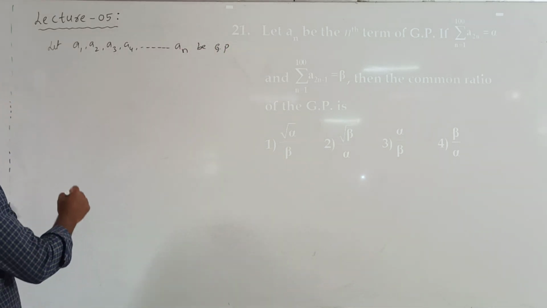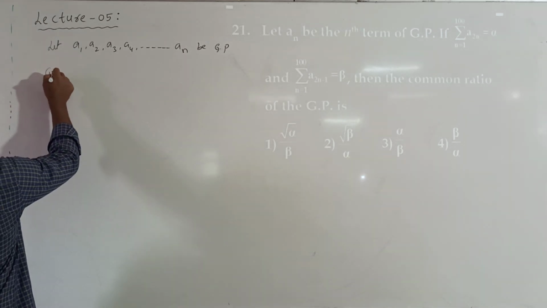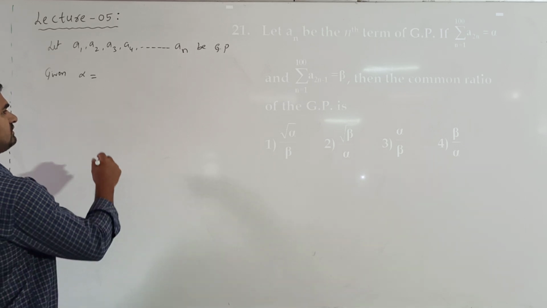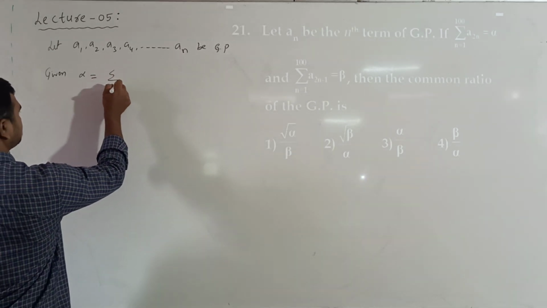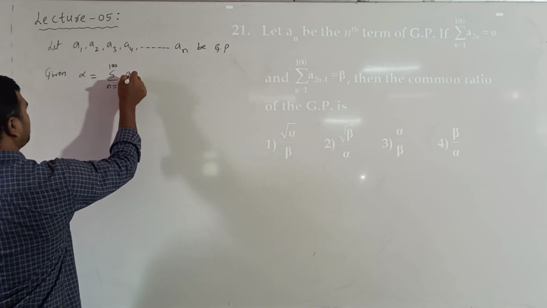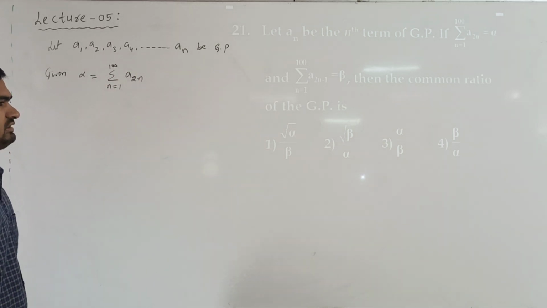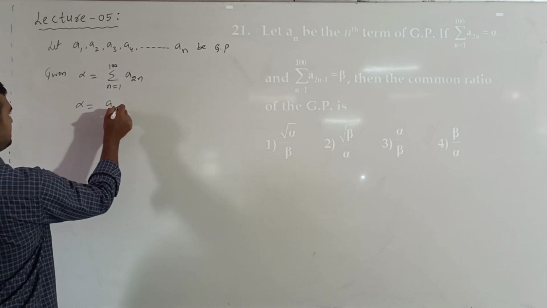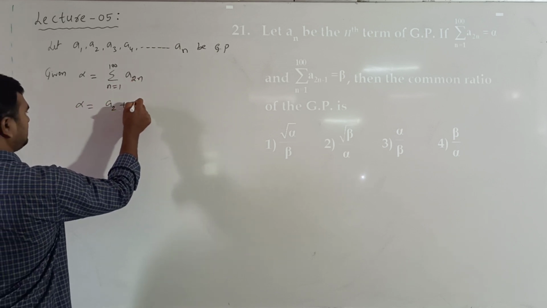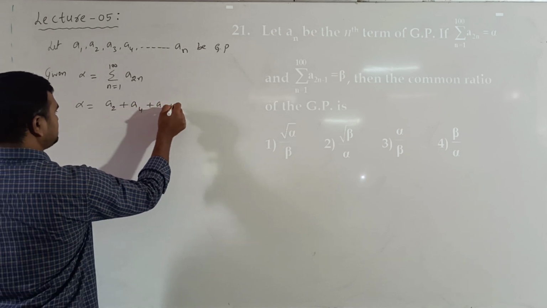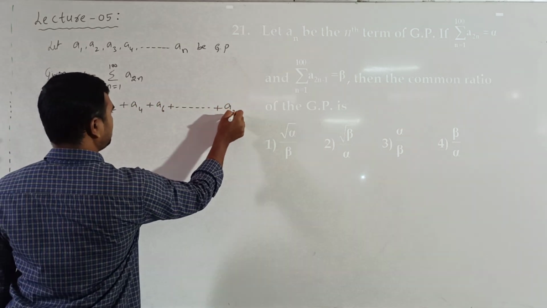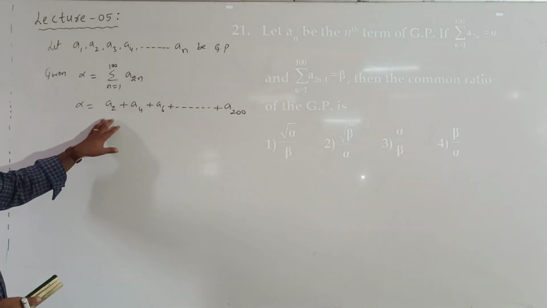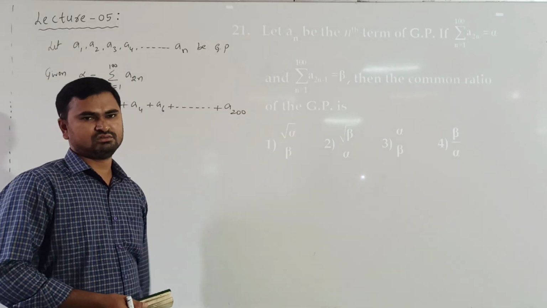Now see what the alpha value is here. Given alpha is sigma from n equal to 1 to 100 of a_2n. Now expanding, n is 1 means it is a2 plus a4 plus a6 and so on up to a200. So we are taking the sum of the even terms up to 200.